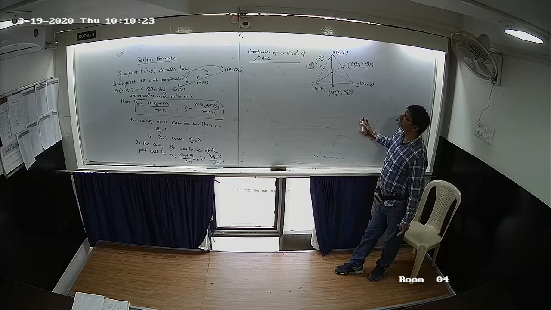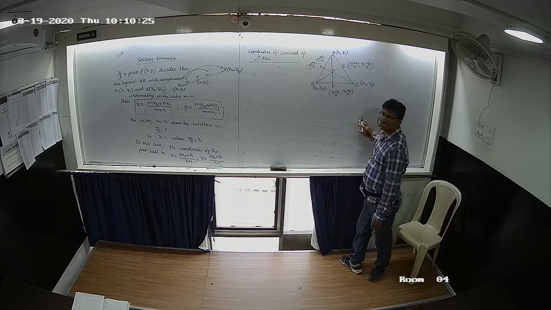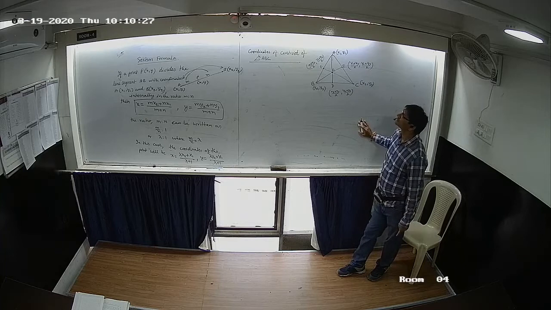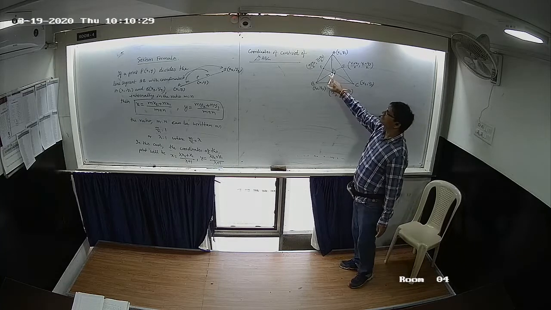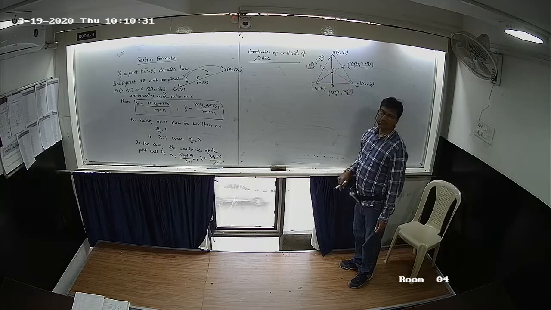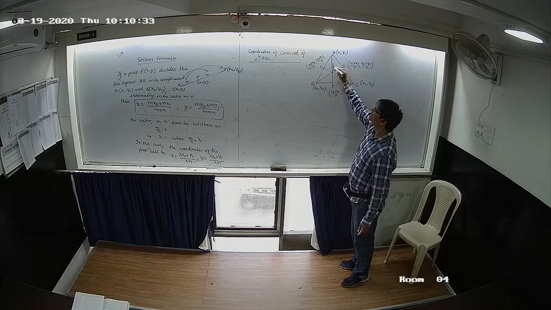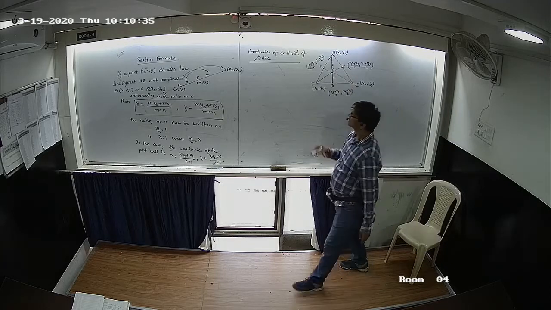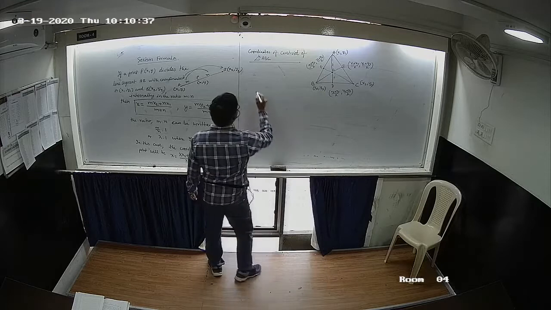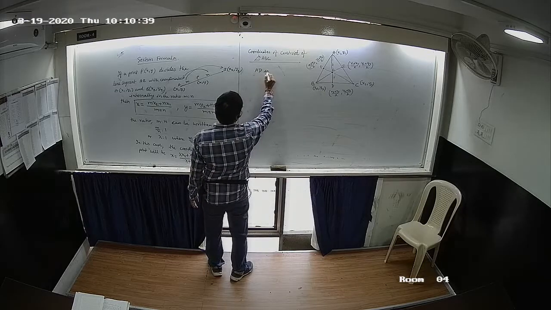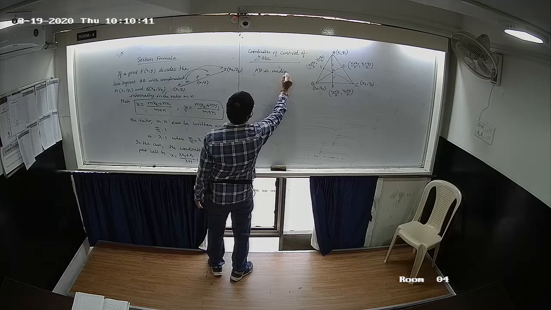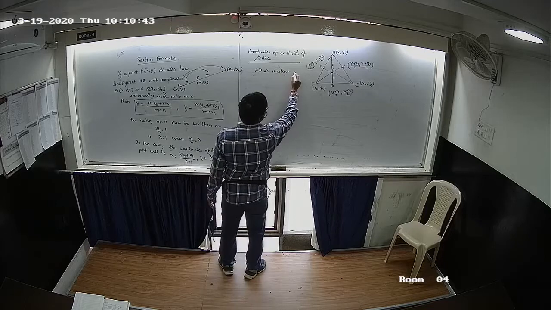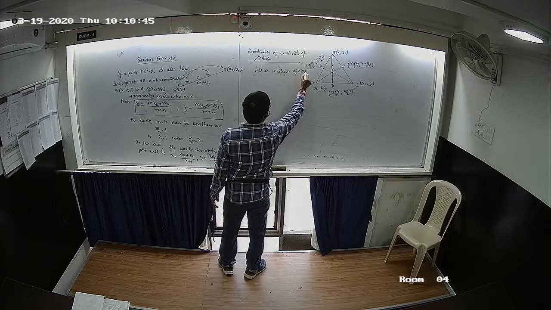Okay. So now we also know that the centroid divides the median in the ratio 2:1. So here AD is the median of triangle ABC.